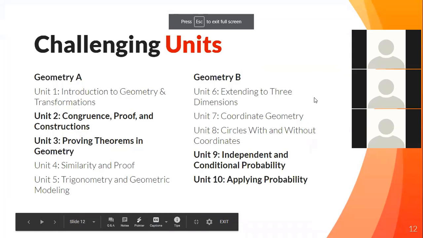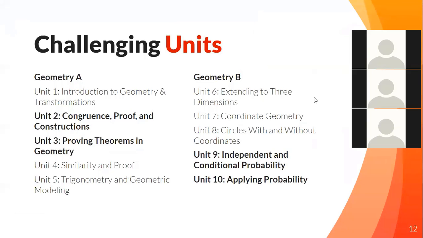Okay, so challenging units. I've highlighted some of our challenging units in each semester course. In Geometry A, units 2 and 3 are heavy on proofs. Speaking from my teaching experience, proofs have always been something that just trips up my students and they have difficulty with.